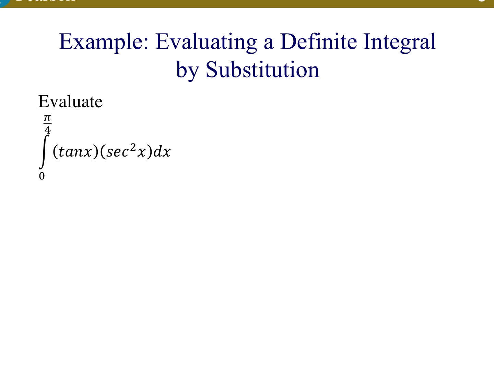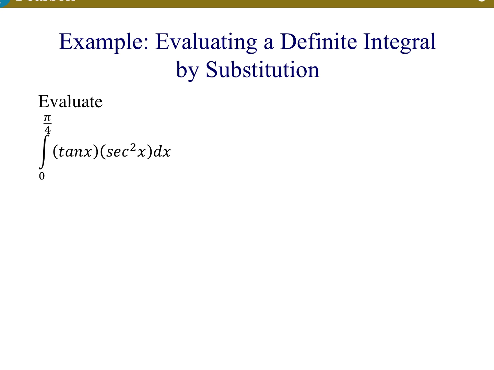Here, this is an example of where you don't choose the higher power as your u. A lot of times you do choose the higher power, but this is a time where you don't, because you should recognize that tan and secant squared are related to each other. So you want to choose the one that's not the derivative for your u.